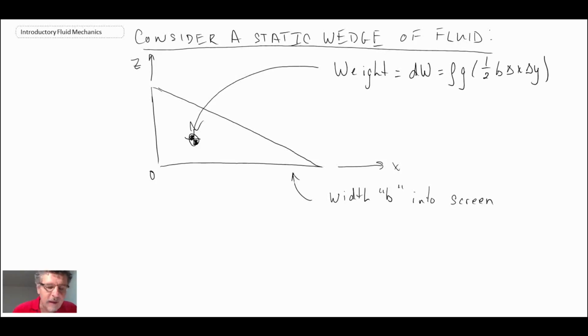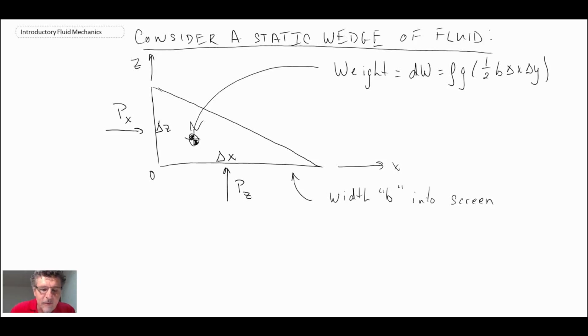So that is the weight of the fluid element, and I'm assuming that delta X is the size of the wedge in the horizontal, and delta Z is the size in the vertical. Now, for the pressure distributions, we have Px acting in the X direction on the Z face, and we have Pz acting on the X face.